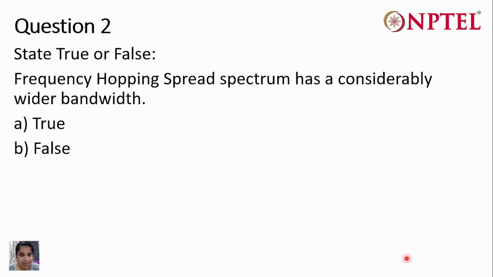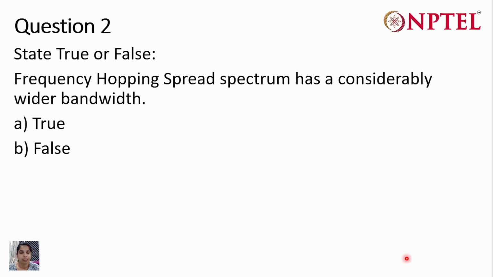Say true or false. Frequency hopping spread spectrum has a considerably wider bandwidth. Spread spectrum by its definition itself is a wider bandwidth.